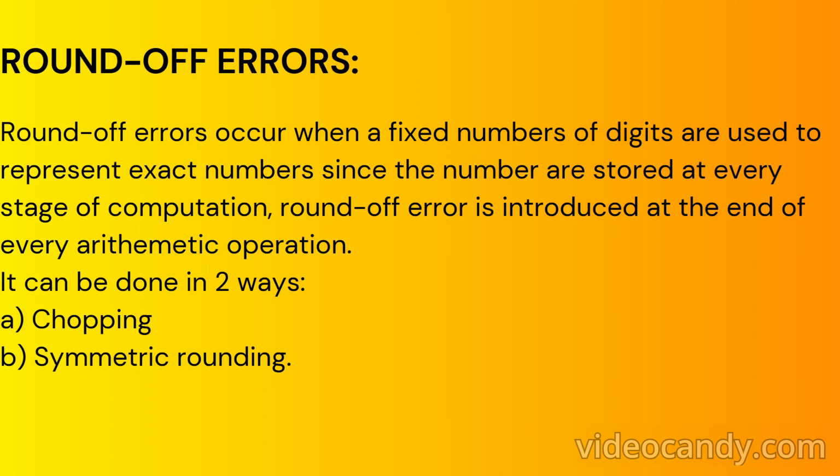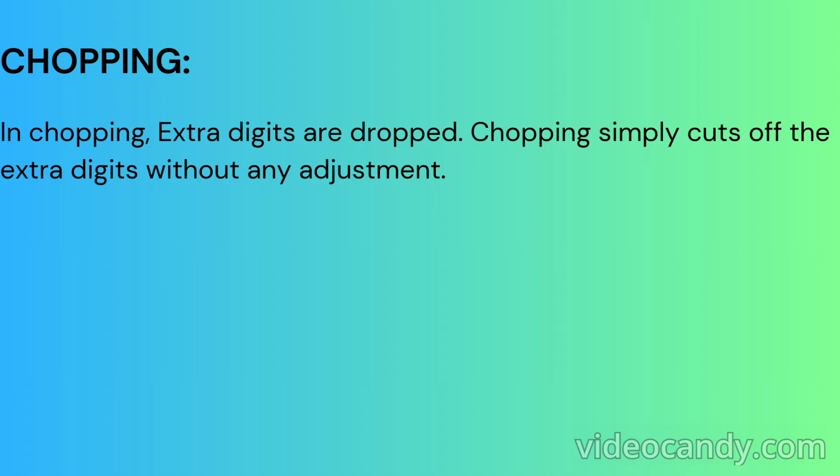Since numbers are stored at every stage of computation, round-off error is introduced at the end of every arithmetic operation. It can be done in two ways: chopping and symmetric rounding. In chopping, extra digits are dropped. Chopping simply cuts off the extra digits without any adjustment.